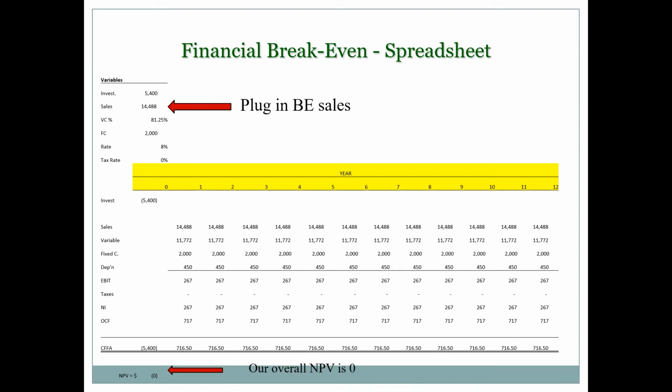And any dollar more in sales will cause me to have a positive NPV, and I'll take the project. Any dollar less causes me to have a negative NPV, and I don't take the project. So again, what we're interested in here is this sort of measuring stick. How close is what I expect sales to be? Well, I expect sales to be 16 million, which is still $1.5 million higher than my financial break-even level of 14.488.